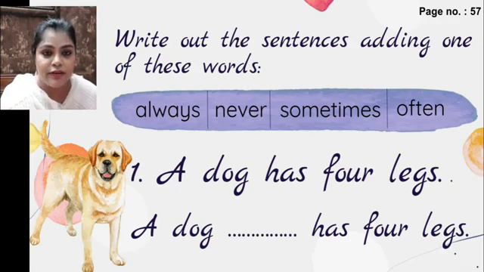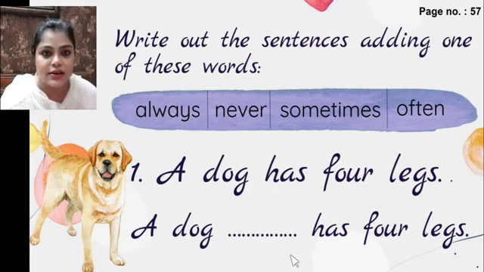That is called mid-position adverbials. So you have to select one word. A dog always has 4 legs. A dog never has 4 legs. A dog sometimes has 4 legs. A dog often has 4 legs.